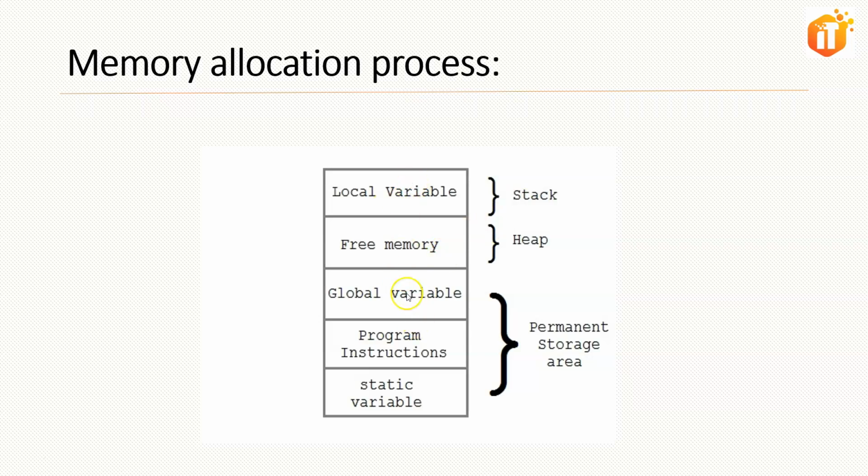Apart from this, between the permanent storage area and the stack, you have a memory region called the heap, which is a free memory area. This memory you can use for dynamic memory allocation.